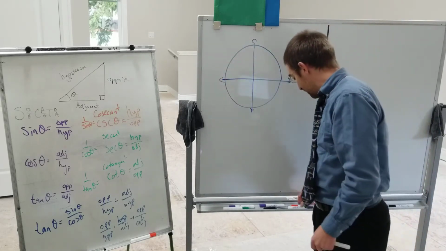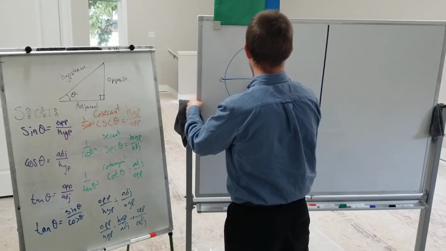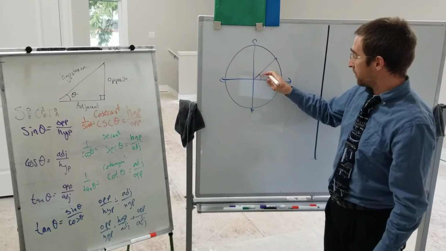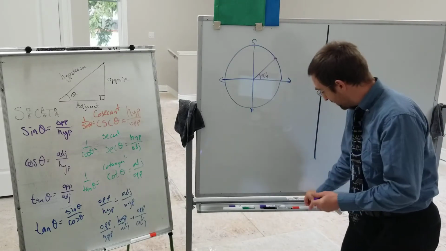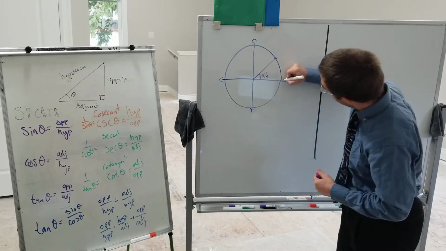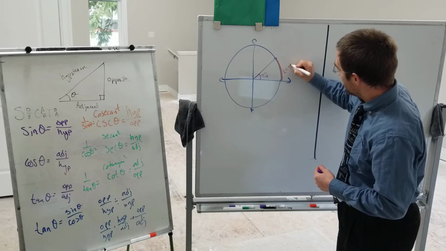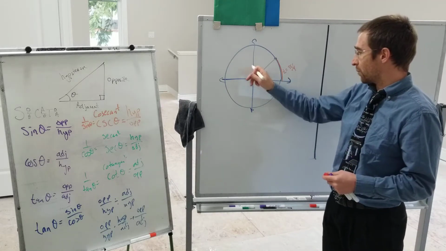So, for example, if I take pi over 4 radians, this angle right here is pi over 4. On the unit circle, this value right here, which the book likes to call t, is pi over 4, as long as this is the unit circle, where the radius is 1.